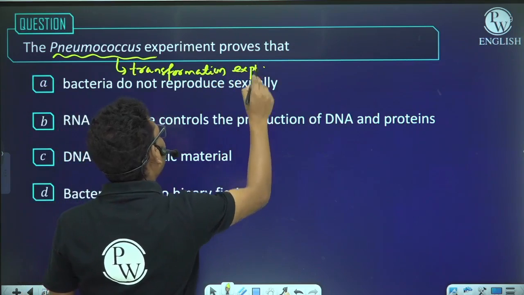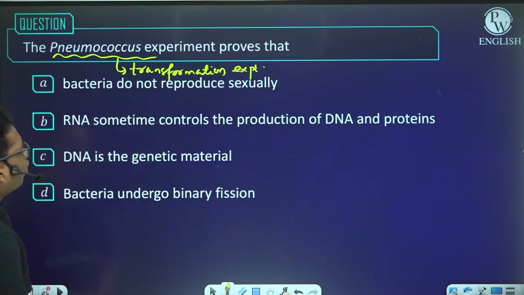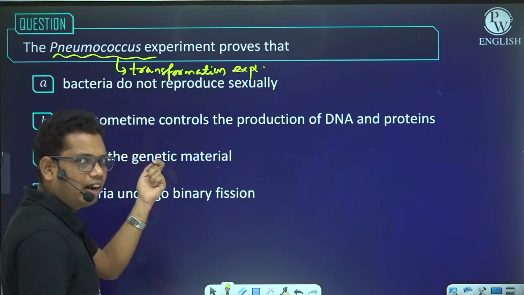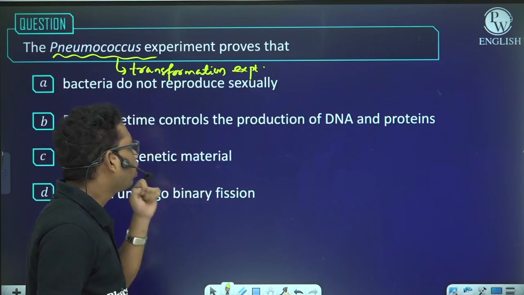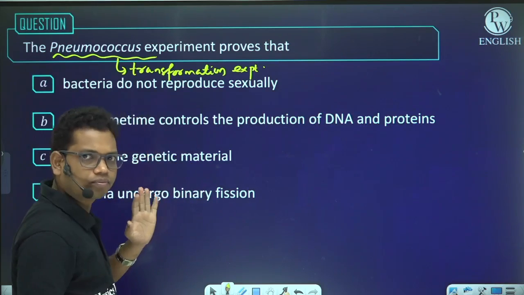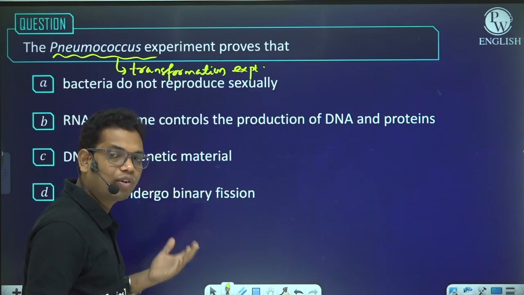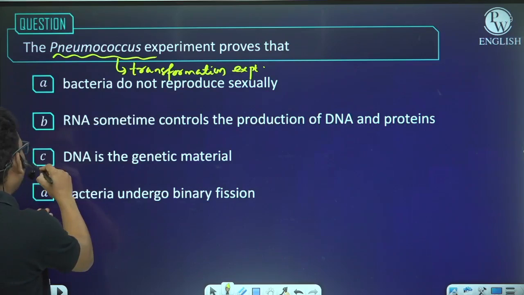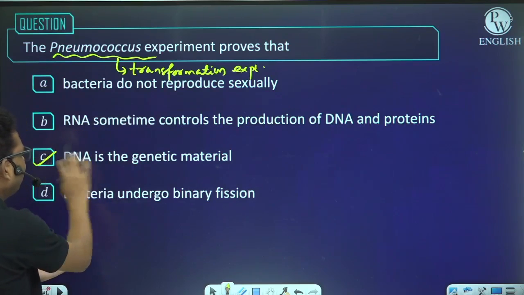This question is a little bit incorrect. Why? Because this did not say that DNA is genetic material. Later on, with the help of this experiment, we concluded that DNA is genetic material. Who proved this? It was Avery, McLeod, and McCarthy. But because no option is perfectly correct, I will write this one as correct.